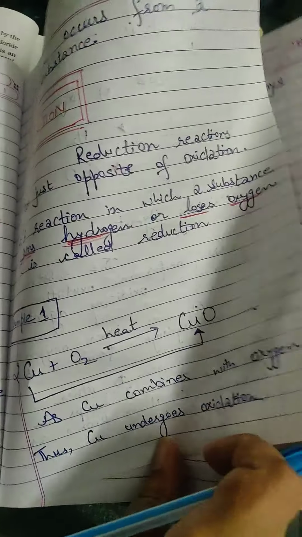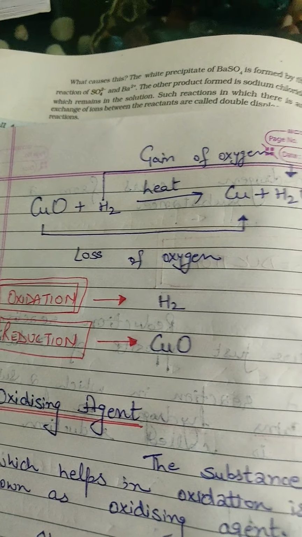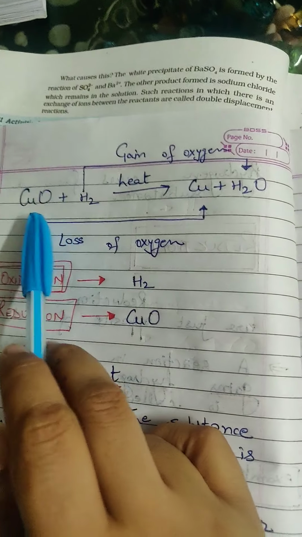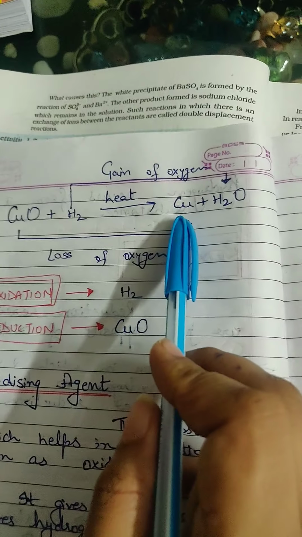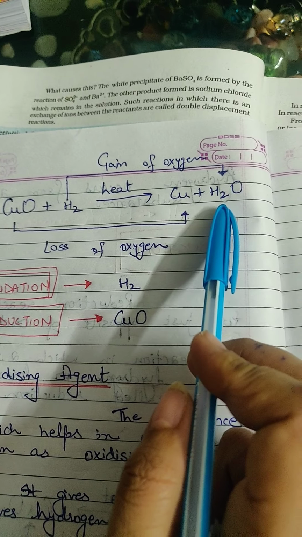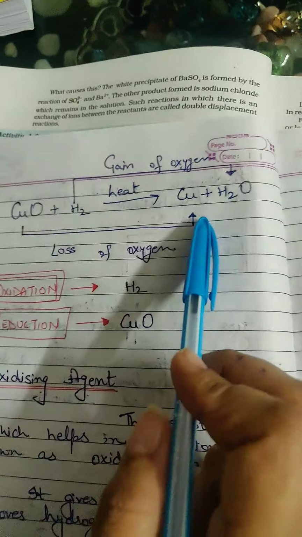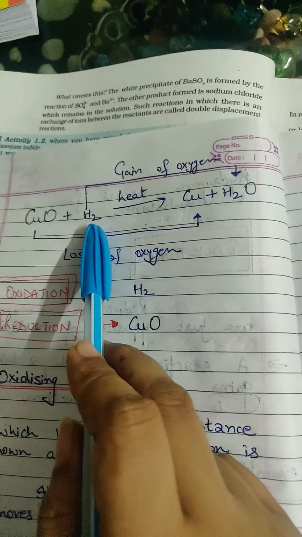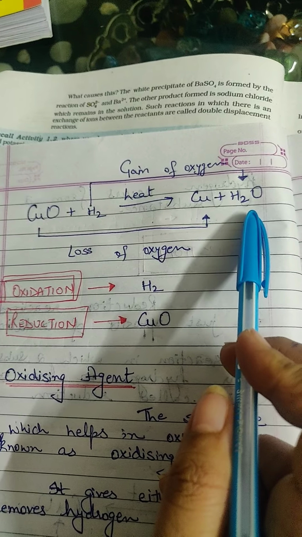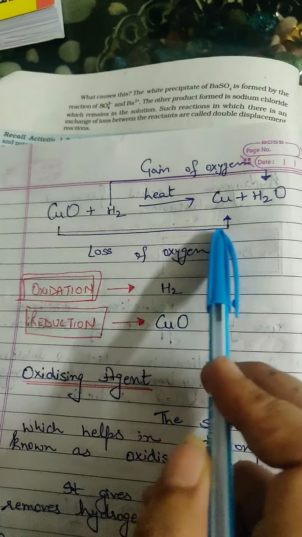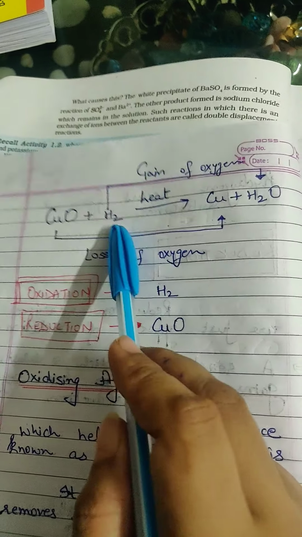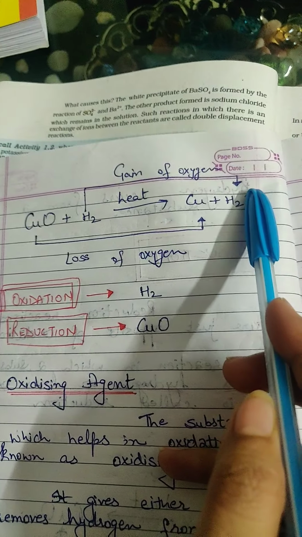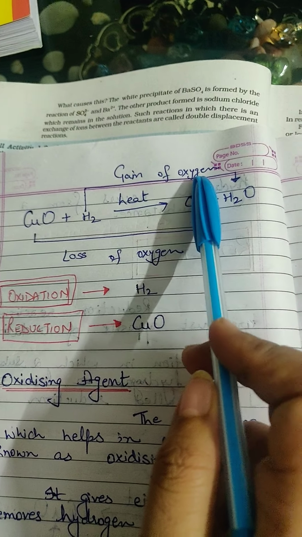Now let's continue. In this reaction, when copper oxide is made to react with hydrogen, we get copper and water. From copper oxide we are getting copper, and from hydrogen we are getting water. Copper oxide is getting converted to copper by loss of oxygen, and hydrogen is getting converted to water by gain of oxygen.